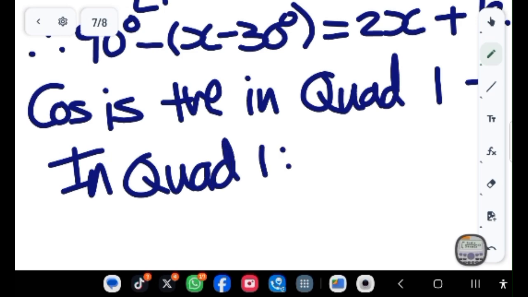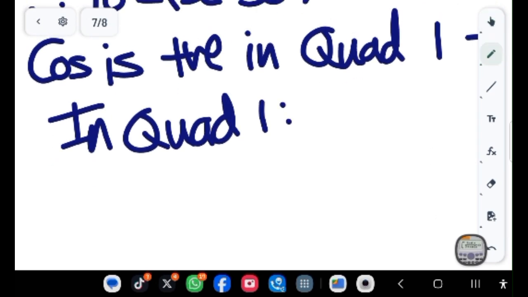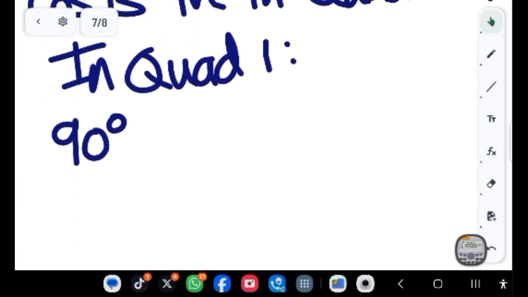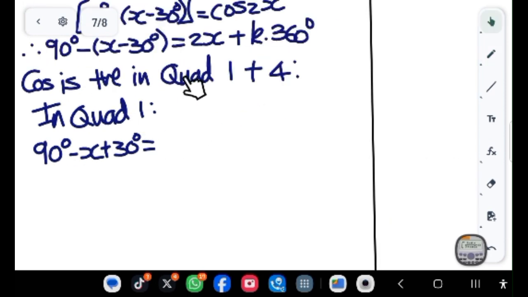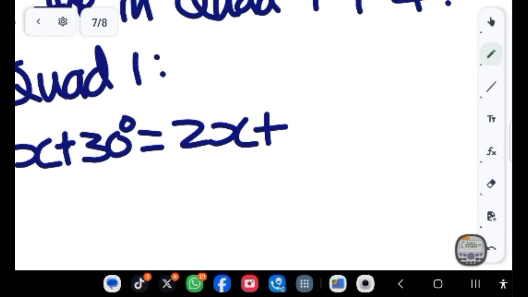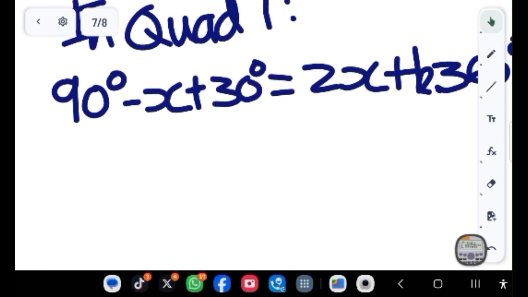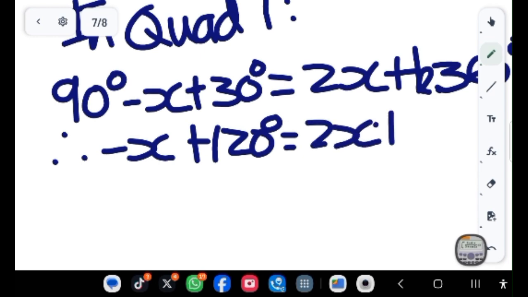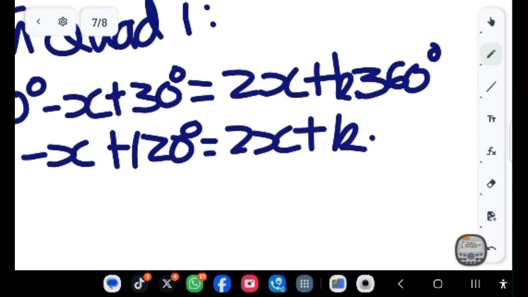In quadrant 1, 90 degrees minus x plus 30 equals, on the right hand side, 2x plus k times 360 degrees, giving us negative x plus 120 equals 2x plus k times 360.